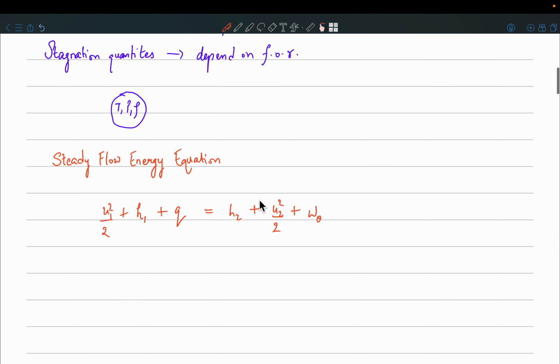Now if we do not have any work output or input, or no heat is added, so if q is 0 and work output is 0, then h1 plus u1 square by 2 is constant basically, right? So this is conserved. What is this quantity? H plus u square by 2.